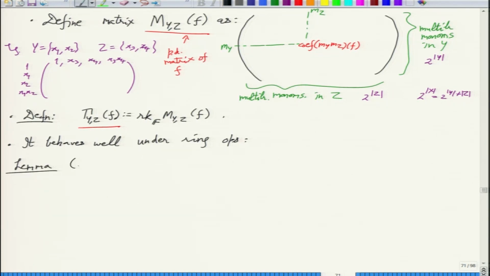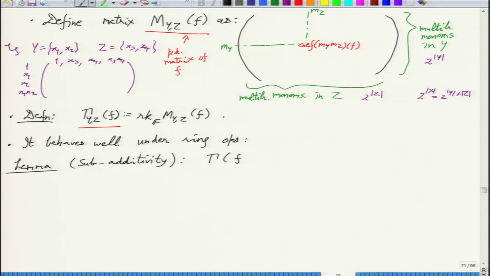Unsurprisingly, it has sub-additivity. I suppress Y and Z now, let them be fixed.